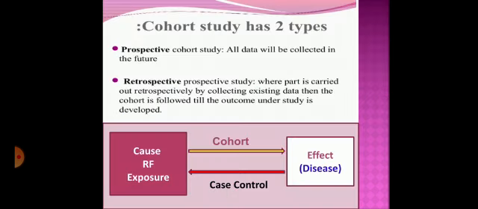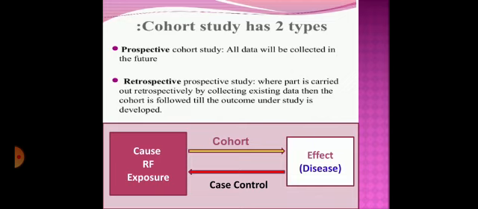There are two types of cohort study. The most important and most widely used is the prospective cohort study, where we have a group of people who have no disease but have exposure, and we follow them up in the future to see the development of the change in the health status, waiting for the development of the outcome.